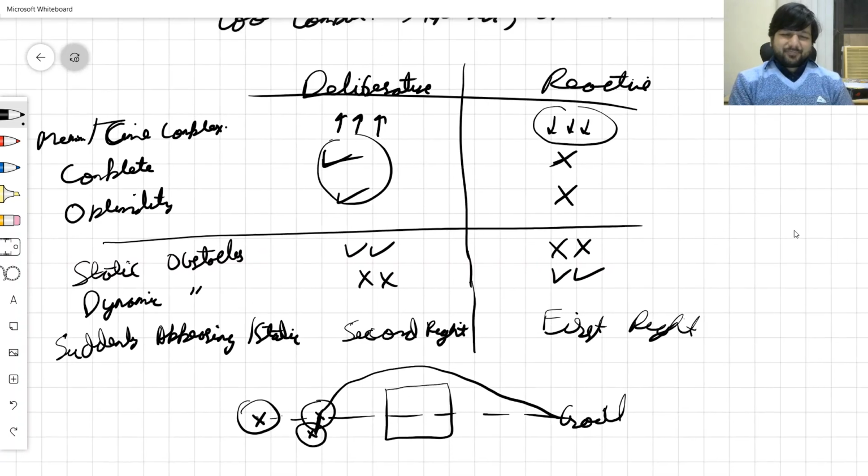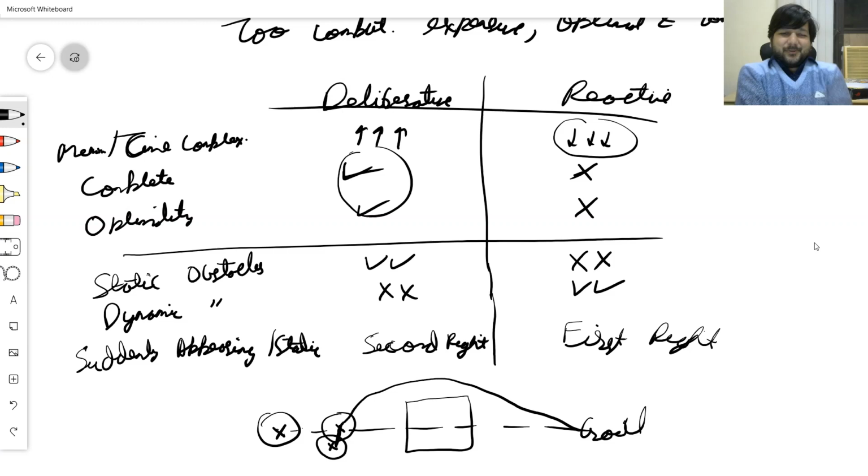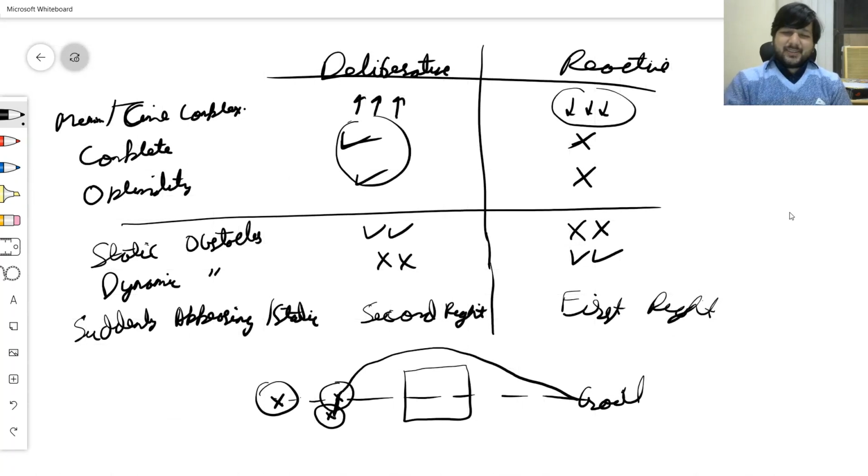Now, the problem is that I've got just one algorithm to choose, whether it be deliberative or reactive. Because you've only got one algorithm to choose, you kind of say, can I have a hybridization between the two?